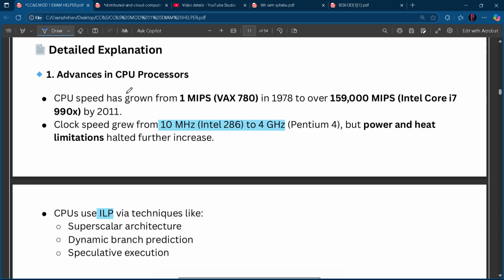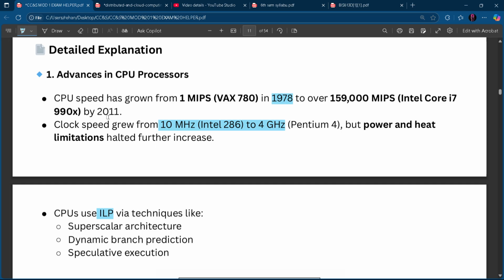So here, CPU and advances in CPU processor. What has advanced? First, the CPU speed has grown. From how much to how much? So it has grown from 1 MIPS to 1,59,000 MIPS. So here, this was VAX 780 in 1978.